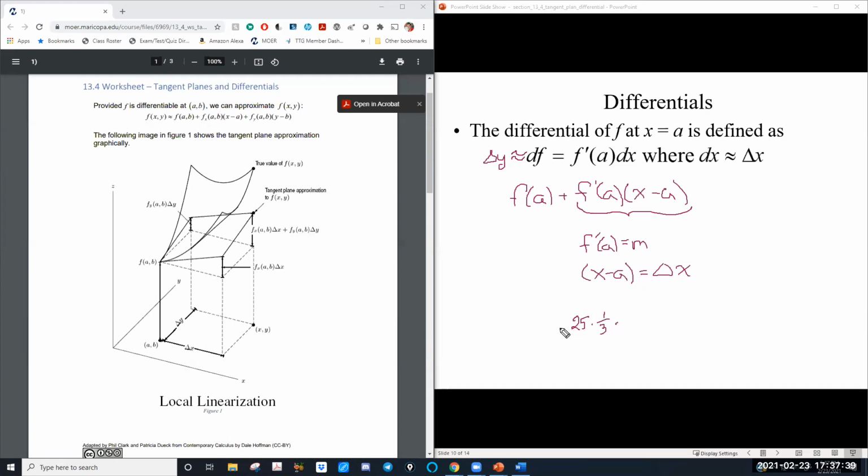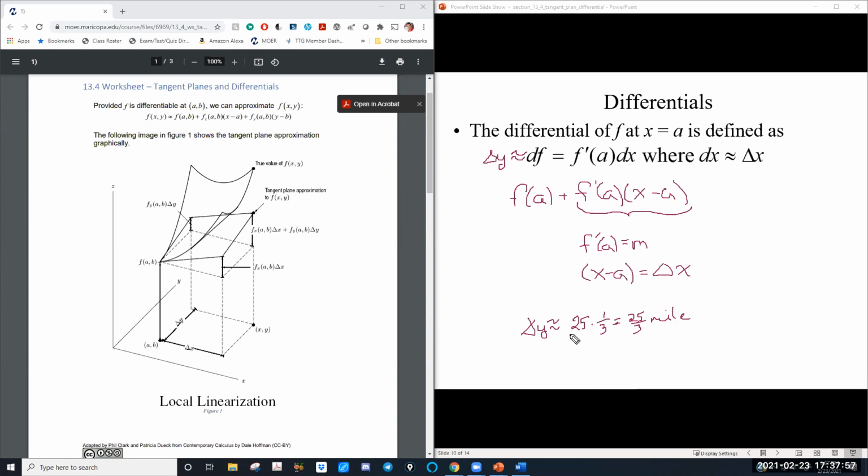So we could say that our distance, our change in y, is approximately 25 thirds of a mile. Okay, so that's what a differential does.